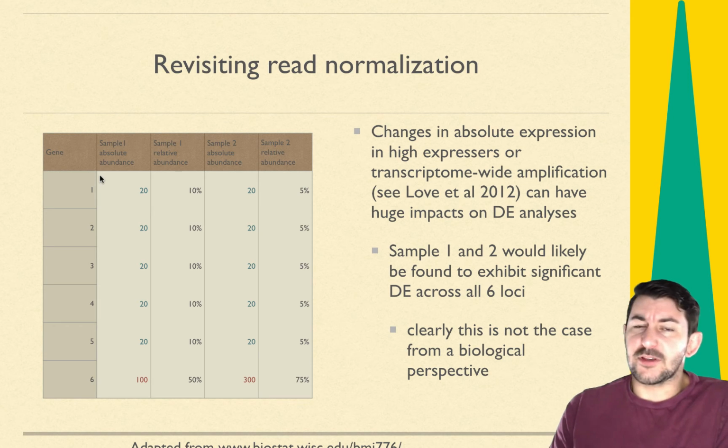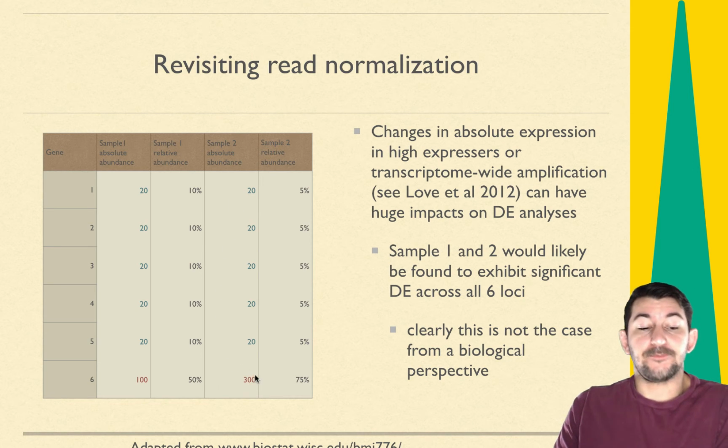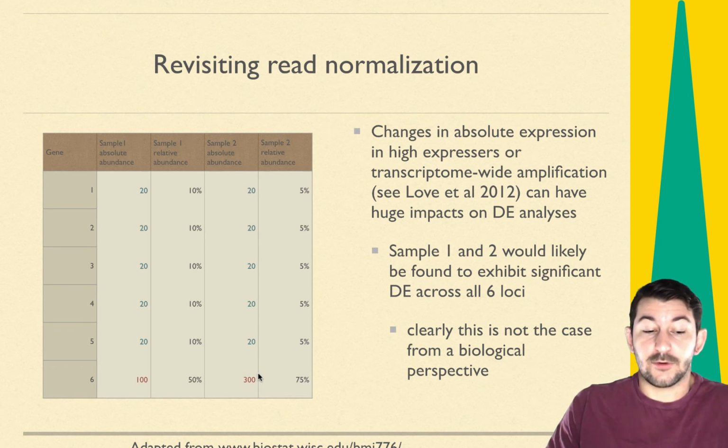So this is a simple example. There are 6 genes. In sample 1, gene 1 through 5 all express 20 transcripts, and gene 6 has 100 transcripts. In sample 2, same thing, except the final gene has 300 transcripts.